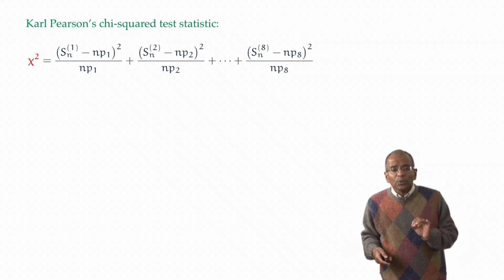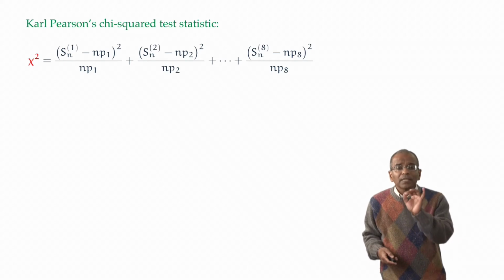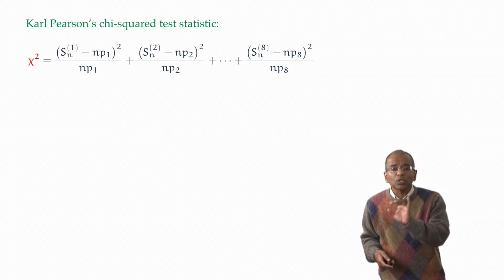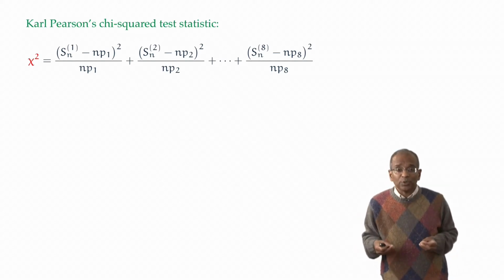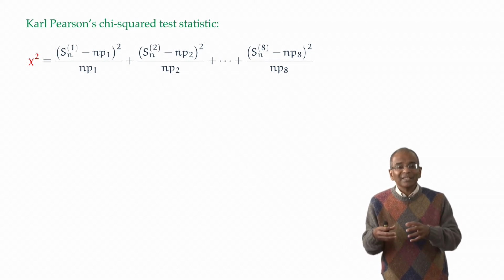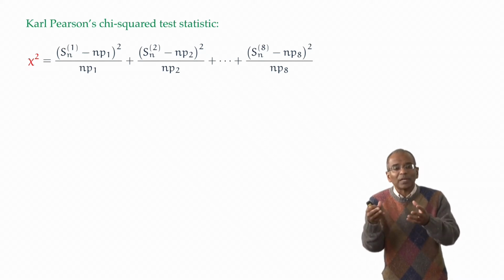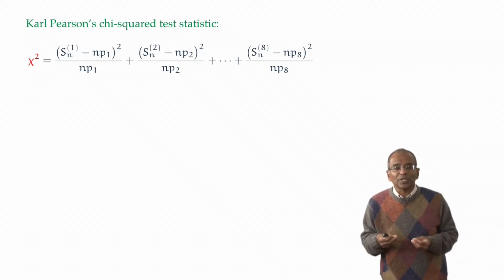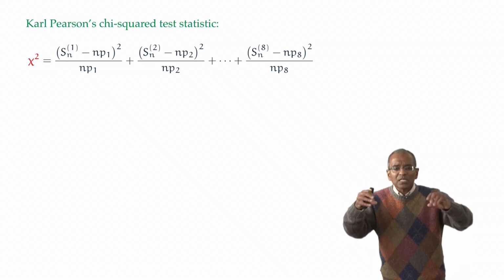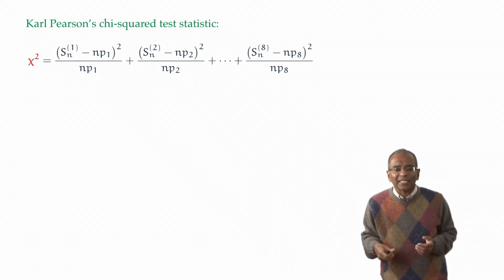A clue is given to us by the fact that each of the values Sn1 through Sn8 is binomially distributed, and they are, courtesy the De Moivre-Laplace theorem, individually, approximately, normally distributed. So this looks like we are summing the squares of normals and adding them.